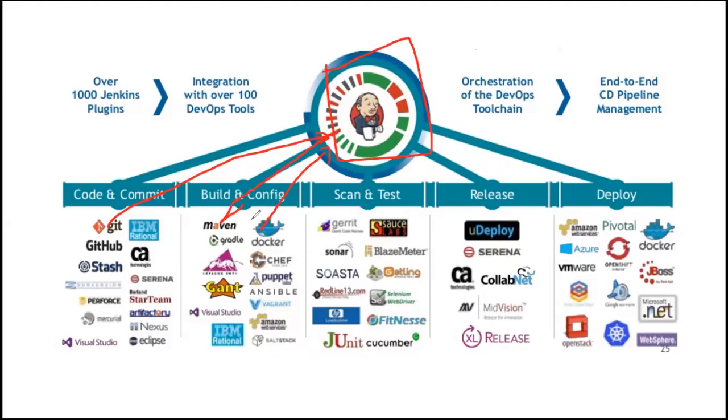So once this is over, then start scanning and testing it. Okay, as long as this tool is integrated with Jenkins, it will start, because you already created a step-by-step pipeline here. And once tested, then release it to the staging environment for further level testing, right?